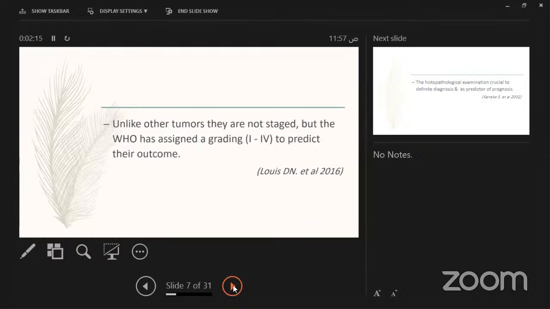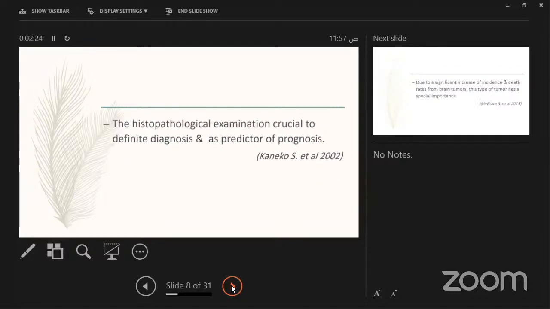The CNS tumors are not classified according to the stage, while they are classified according to the grading. They are graded from 1 to 4. And this grading is dependent on the histopathological examination. The grade becomes higher when there is necrosis or increased mitotic index or severe cytological atypia.